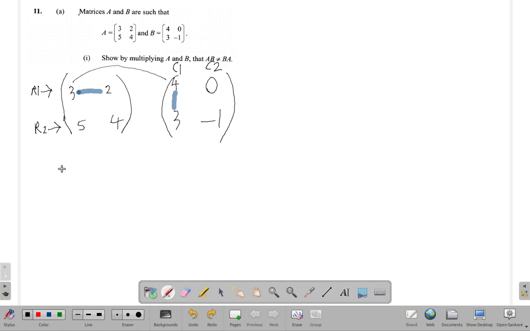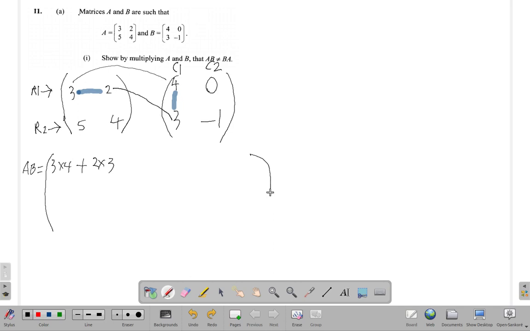So first by first, that's going to be AB equals new matrix 3 by 4 plus, so it's first by first plus second by second, second element in row 1 times second element in column 1, plus 2 by 3 will give you row 1 column 1 in the answer.